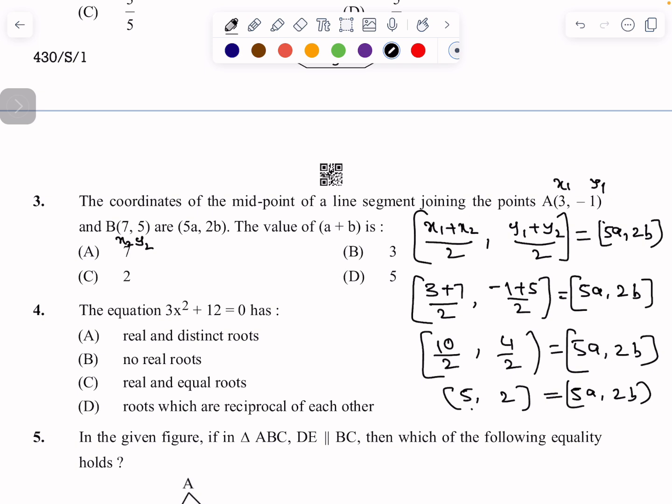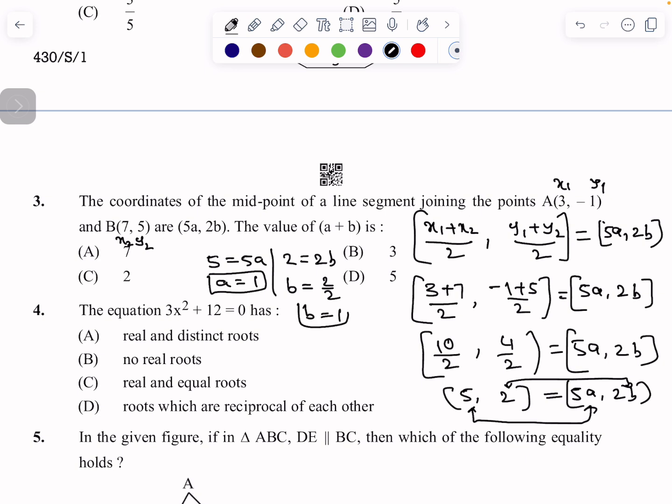Now what you have to do is make this 5 equal to 5a and this 2 equal to 2b. Here 5 equal to 5a, then a equal to 5 by 5, that is equal to 1. So the a value is 1. And here 2 is equal to 2b, so b equal to 2 by 2, so the b value is 1.